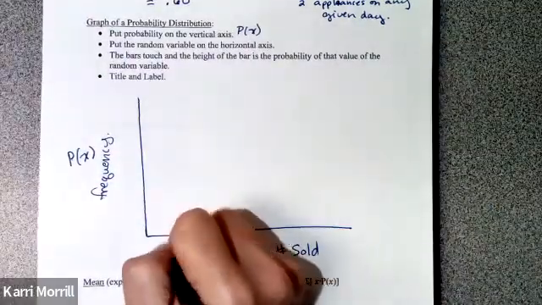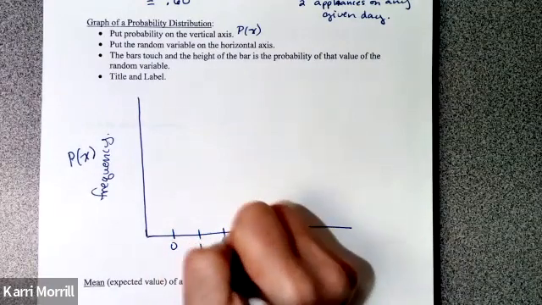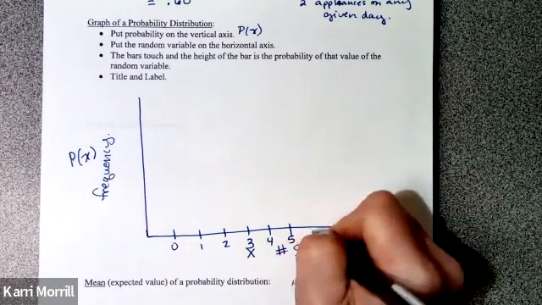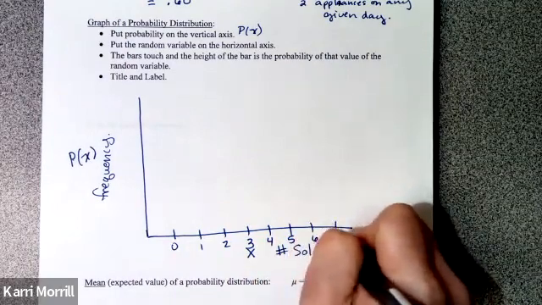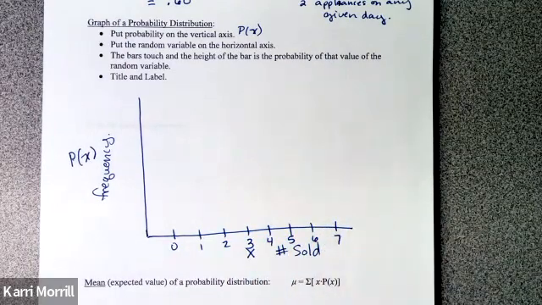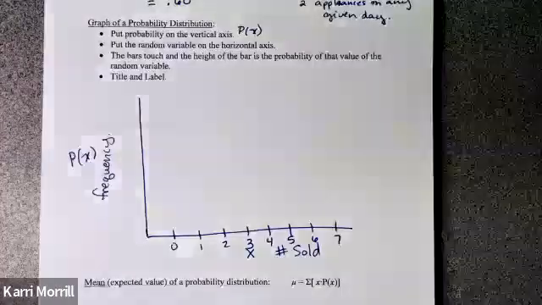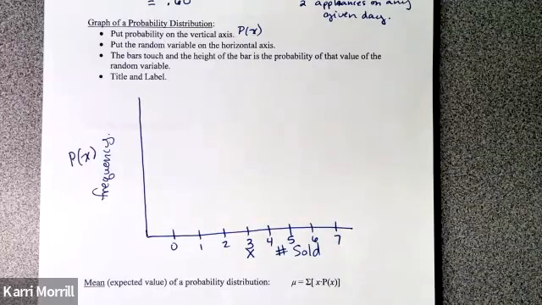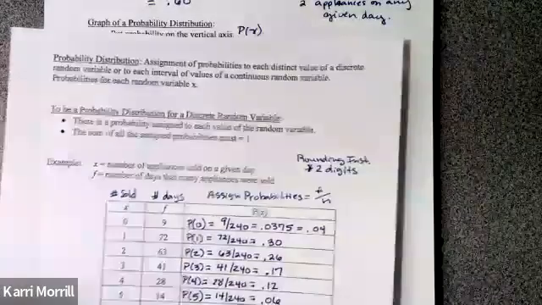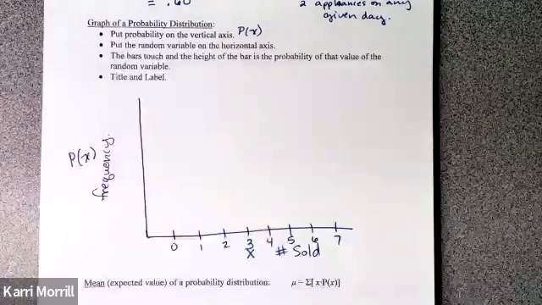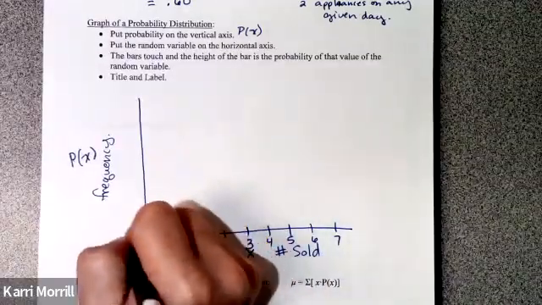Okay, so the probability of 0 selling, 1, 2, 3, 4, 5, 6, and I think the chart went to 7. Let me go back to the page before. So yeah, 7. And then it looks like we go anywhere from 0.04 up to about 0.30 is the biggest. So I'm going to go by 0.05s.